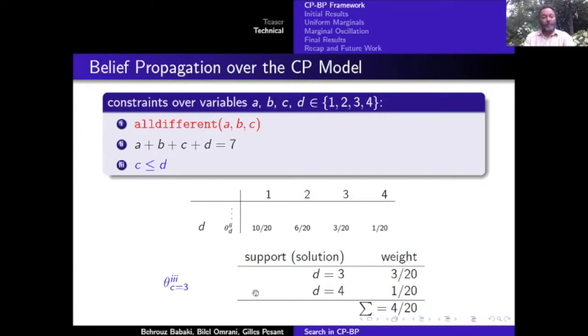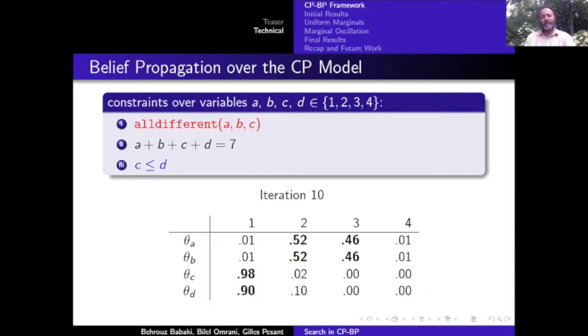So again, for say value 3 for variable C, there are two solutions as before, but they don't have the same weight, because the marginals from the black constraint tell us that value 3 for D is 3 times as likely as value 4. So we use these weights and sum them, and we get a different contribution here that we can send back to the variables, different messages. And that's how the marginals will evolve from one iteration to the next.